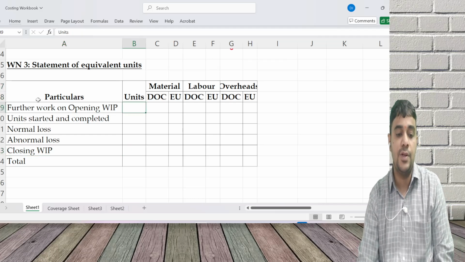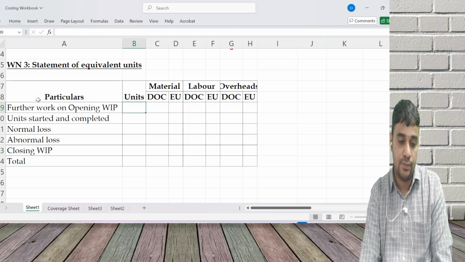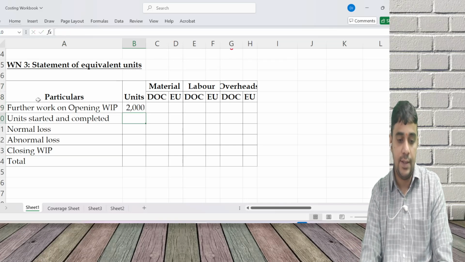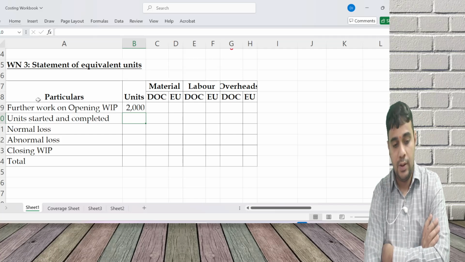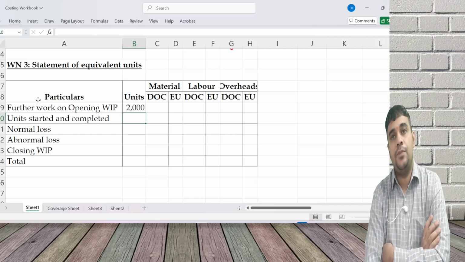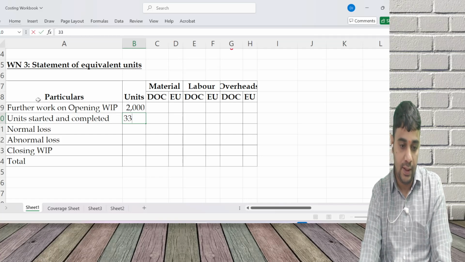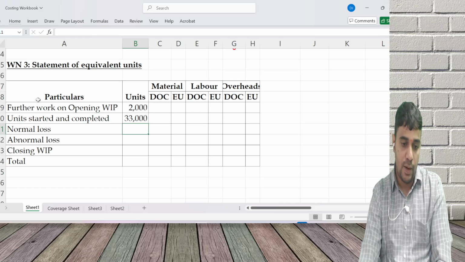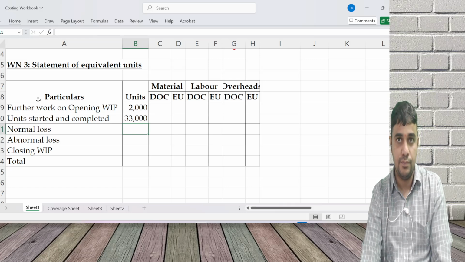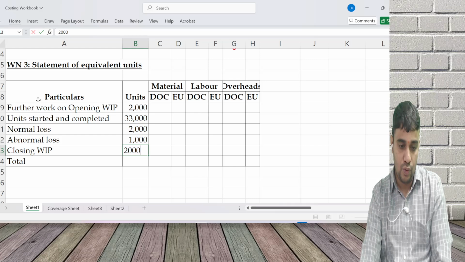Tell me how many units of opening WIP from the earlier working note? 2000, right? Units started and completed, how many? 33,000. Normal loss how many? Abnormal loss. Closing work in progress. Total.